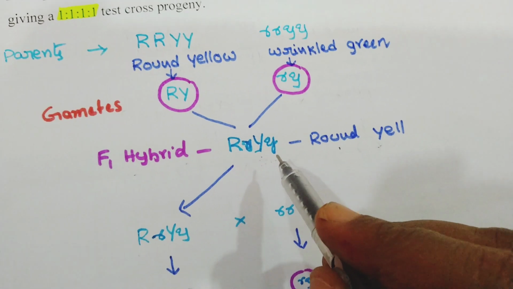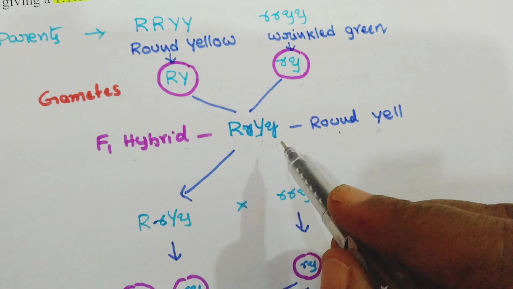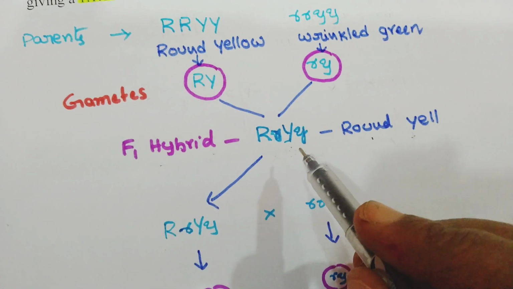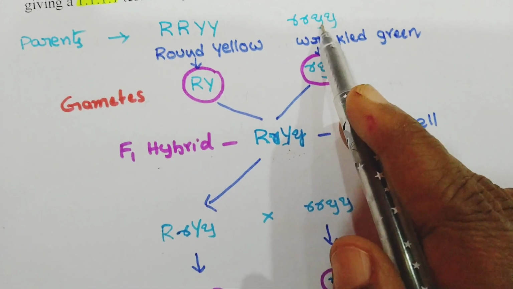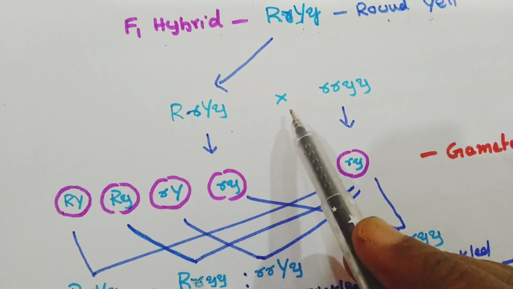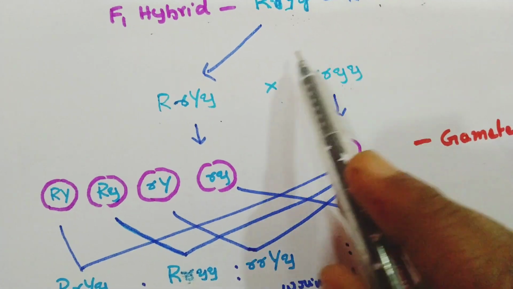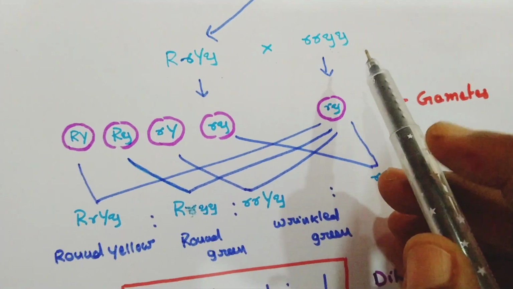Here we are going to know the dihybrid test cross ratio. For that we have to test the F1 individual by crossing with a recessive parent. So the F1 individual is crossed with a double recessive parent. This cross is called a dihybrid test cross.